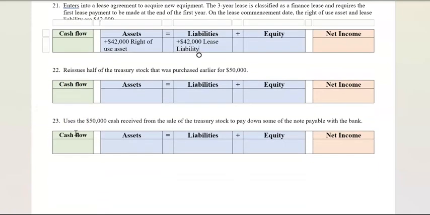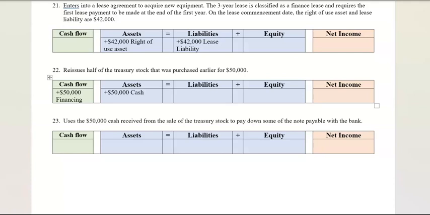Transaction 22 says the company reissues half of the treasury stock that was purchased earlier and receives $50,000. Obviously, this is going to increase the statement of cash flows. Cash from financing activities are going to increase by $50,000. The company is selling stock, so it gets cash. And what is it doing?